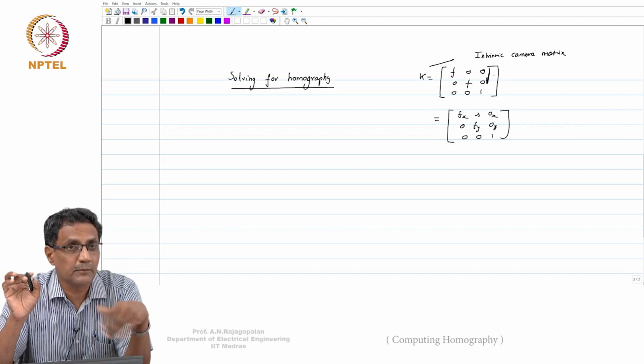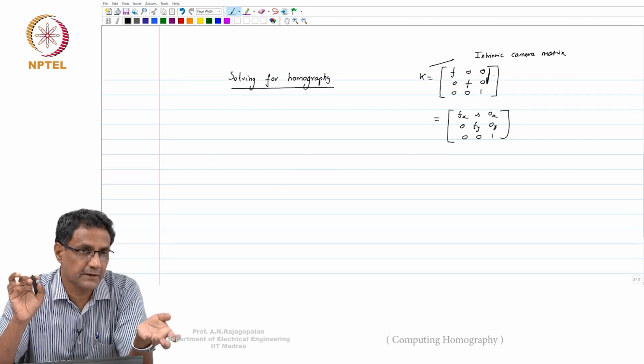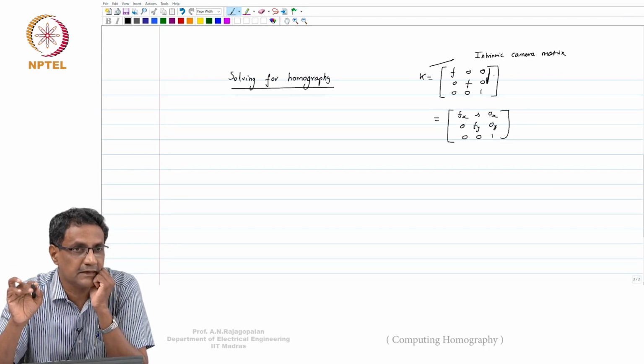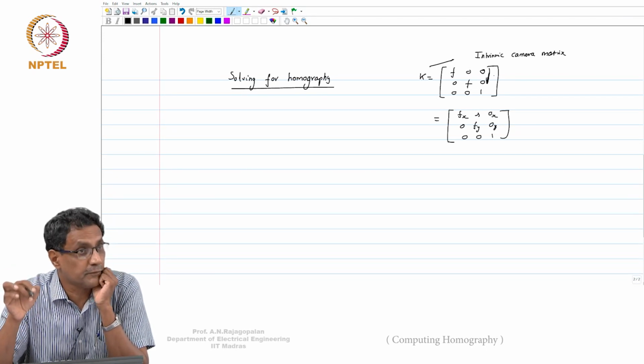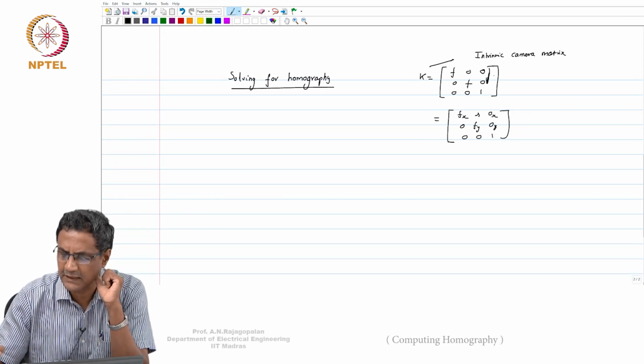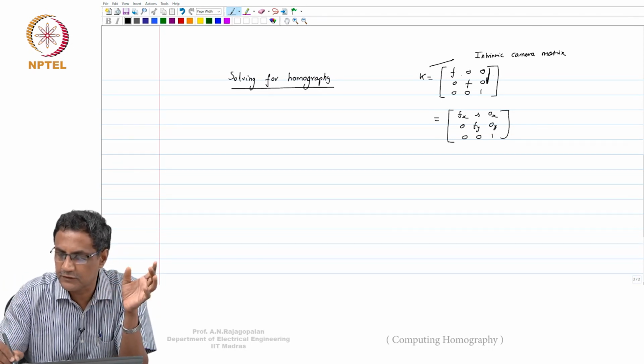But if you want to do some high level tasks, for example, if you want to take a camera and estimate 3D depth, then you need this intrinsic camera information. Right now, we are assuming that K is of this form and f is 1.